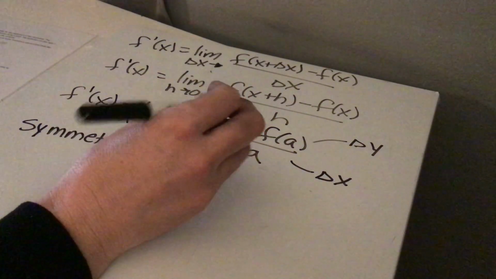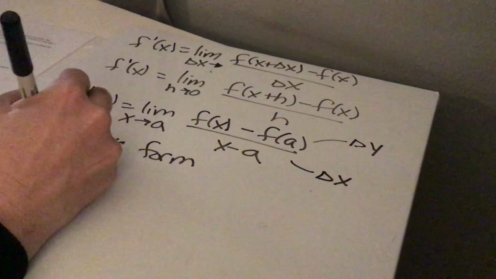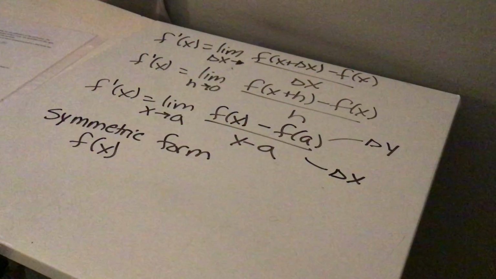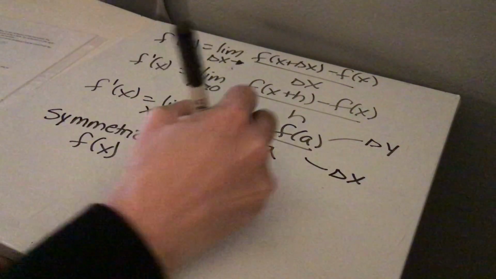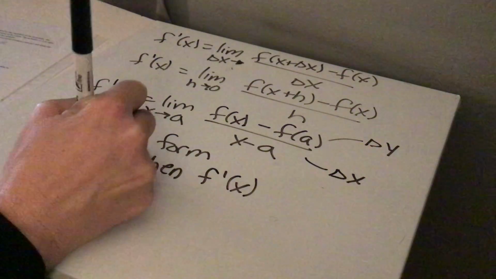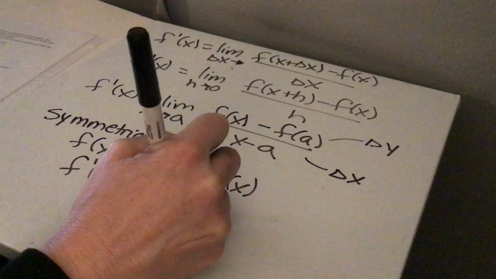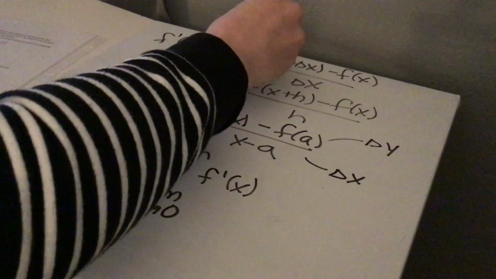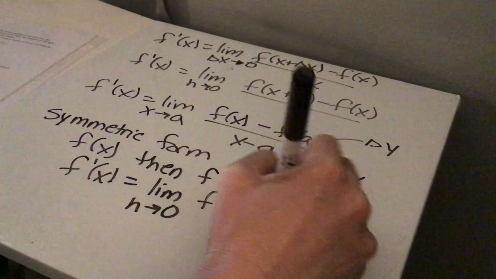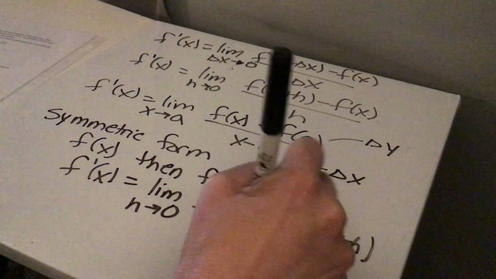Of the derivative, or the symmetric derivative. Okay, and what it says is that if f of x is your function, then the derivative can be found by saying that f prime of x is the limit as h approaches 0 of the function at x plus h minus the function at x minus h over 2h.